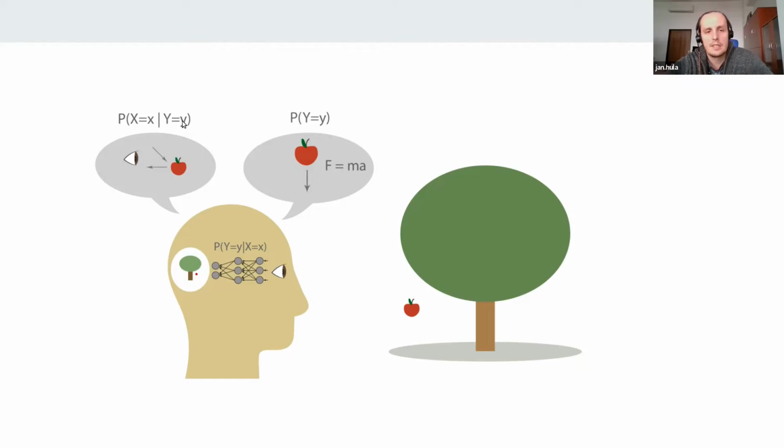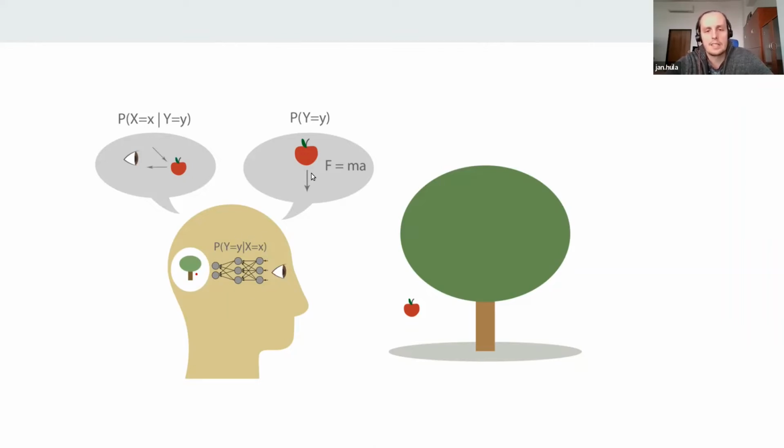Then we have this process which describes how the state of the world is being projected onto our eyes. This is described by our knowledge of optics, how light is being reflected and how it travels to our retina. And then we have this third part, which is how our brain is able to reconstruct the scene from the measurement on our eyes. And this is something very complex which we don't usually understand.